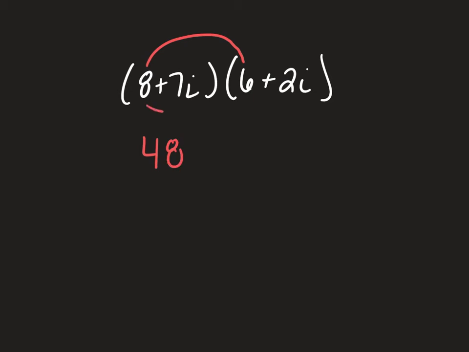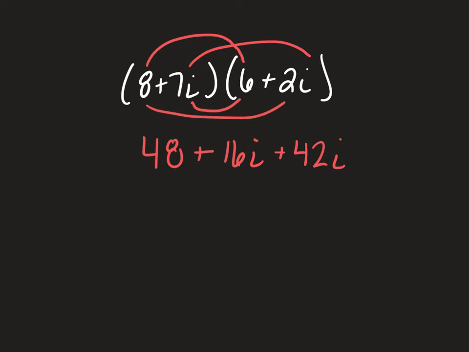Then outside, 8 times 2i would be what? 16i. Inside, we have 7i times 6 is 42i. And then 7i times 2i is i squared.